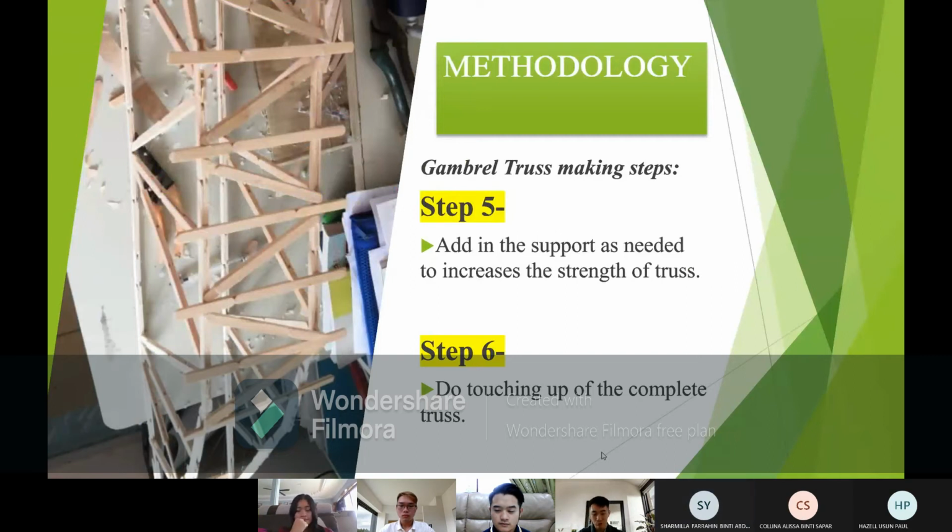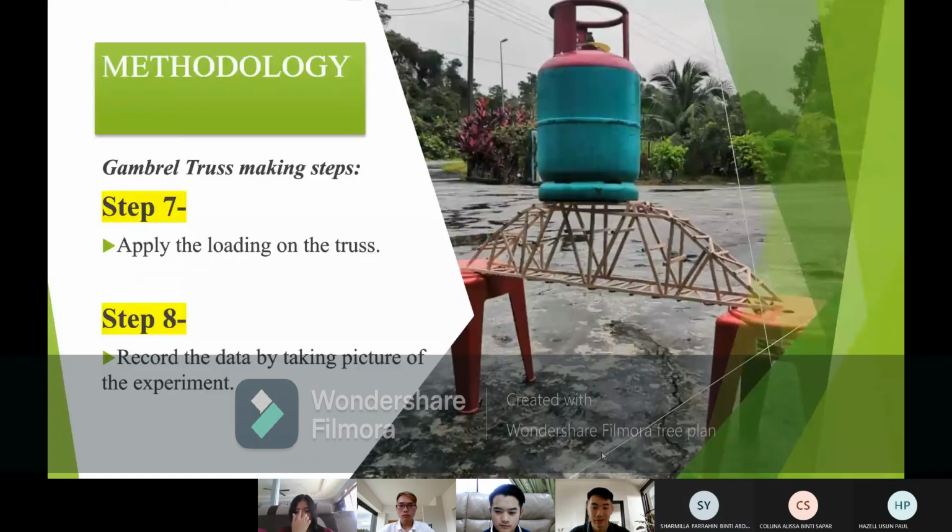Remove the hot glue drops and cut off the excess popsicle sticks beside the truss to make it look more beautiful. Next, step 7. During this step we applied the load on the truss, which is I put the gas tank above it. And then the final step is to record the data and take pictures of this experiment as evidence.